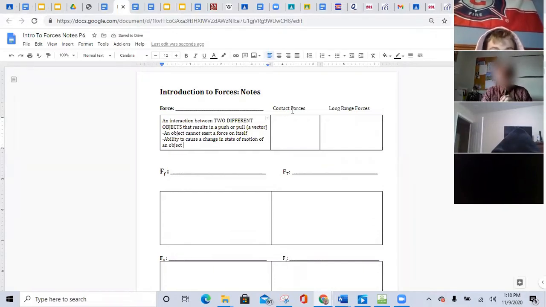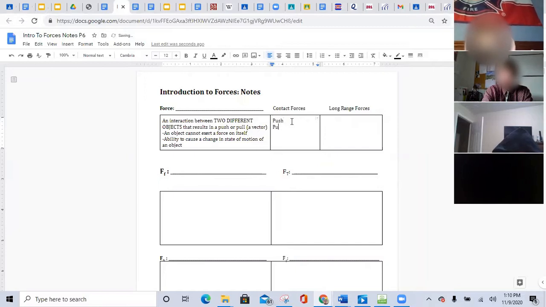Now, we can break forces down into several categories. Two broad categories that we can break it down into are contact forces and long range forces. Contact forces can be a push, a pull, friction, tension. I think that may be the only one.